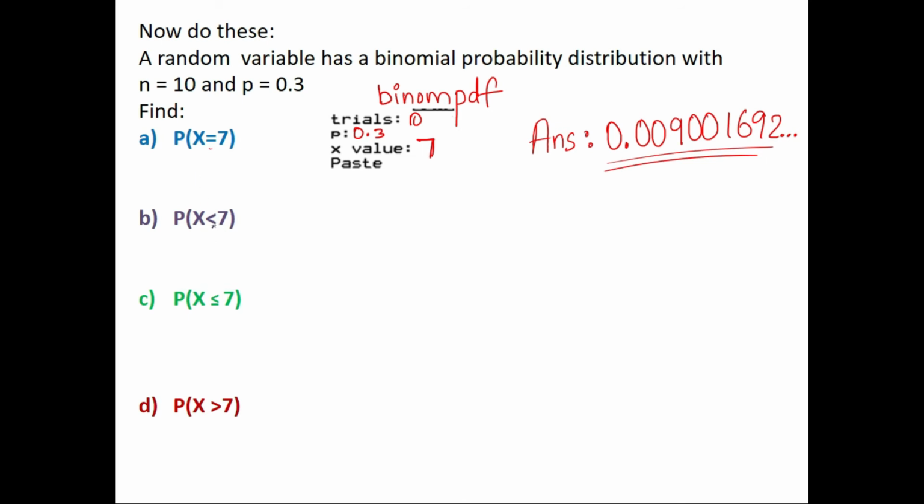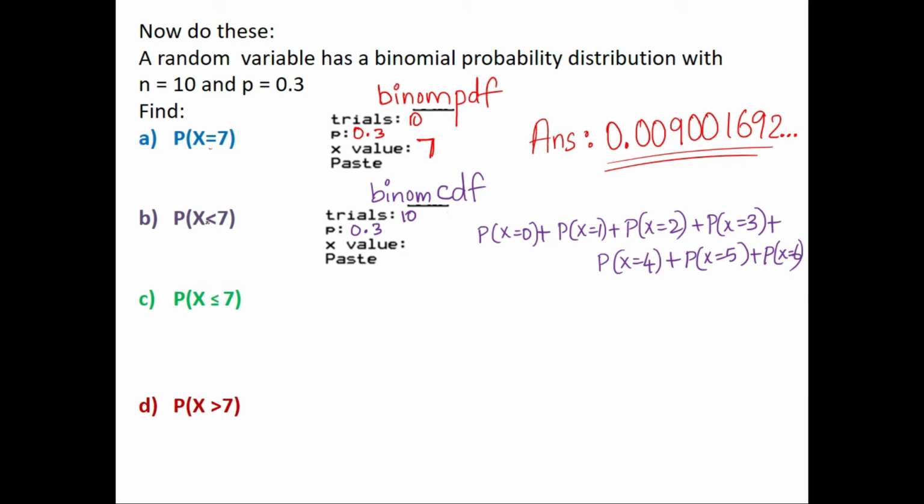Now for the second question, you have the probability of x less than 7. Less than means you're going to use binomial CDF because we want the cumulated probabilities. The number of trials is going to be 10, the probability is 0.3, and the value for x is going to be less than 7.